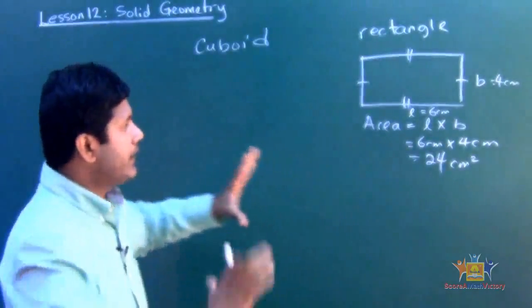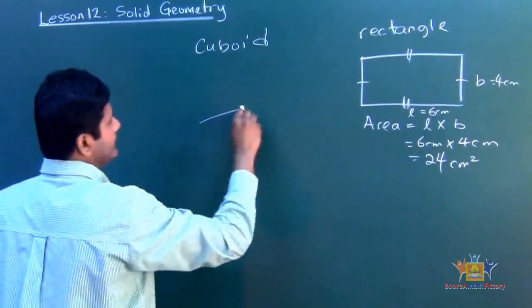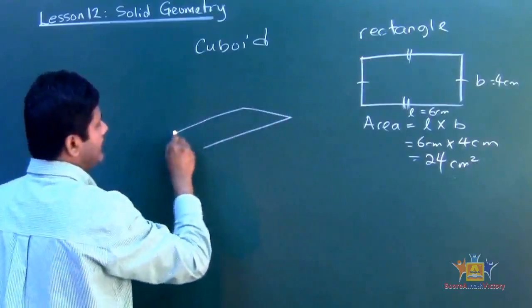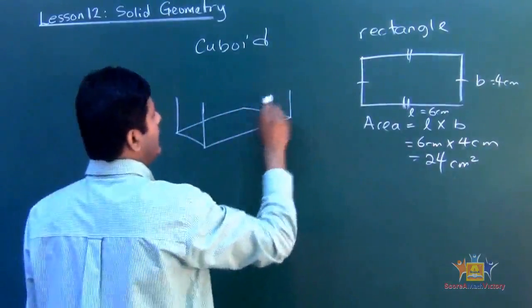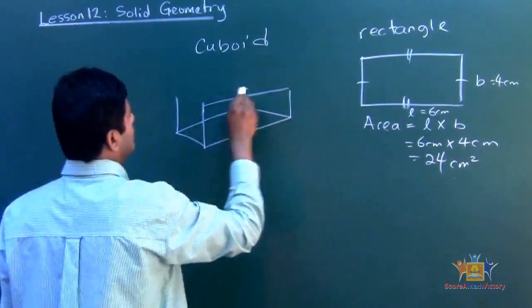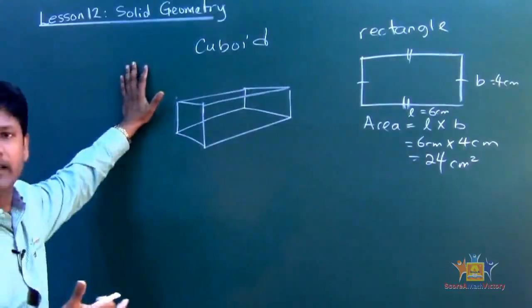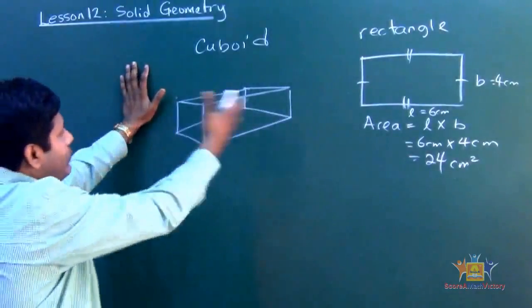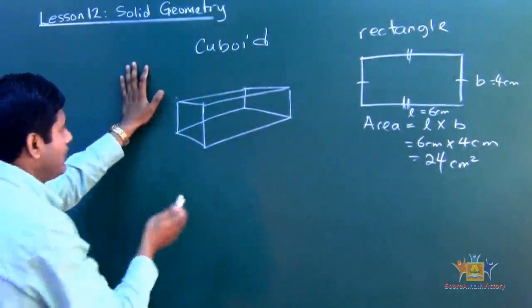That's the area. Now, if I put this as the bottom, I make it like this, and then I raise it up with the height. See what happens? It becomes like an aquarium. The aquarium looks like that, isn't it? So this is what we call a cuboid.